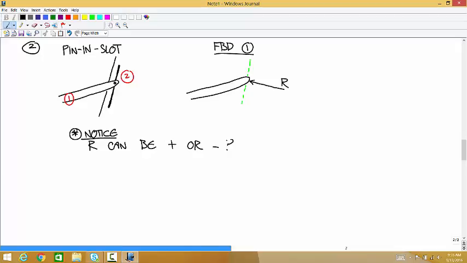contact with friction, or contact without friction, you can only have a positive value for that force. Pin and slot joint, you can have positive or negative. And which way you draw that vector is arbitrary. I could have drawn it the opposite direction too. Then free body diagram of body 2.